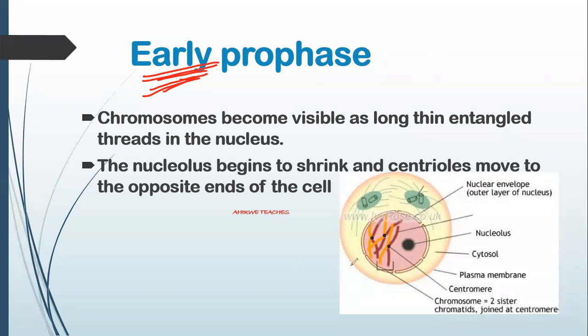They draw such a cell and then ask, at which stage is this cell? So if I draw such a cell and ask at which stage it is, you should be in a position to say, this is prophase 1. Somebody is asking, can early prophase happen in meiosis 1?